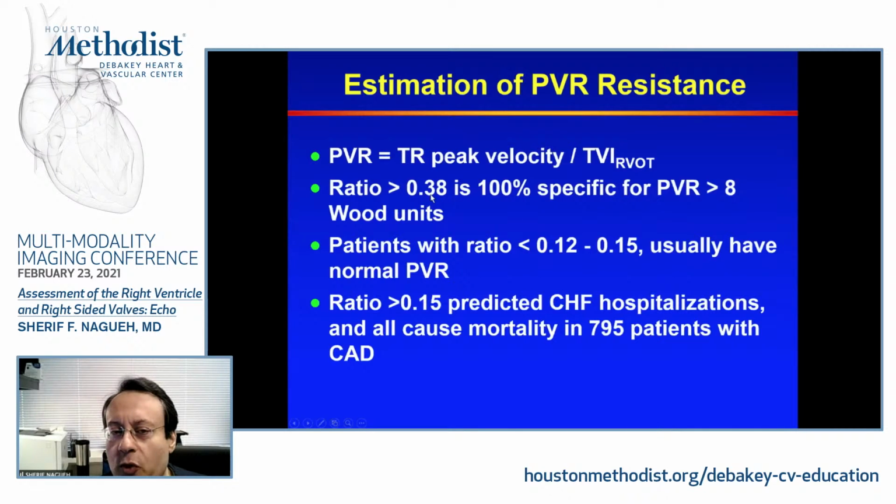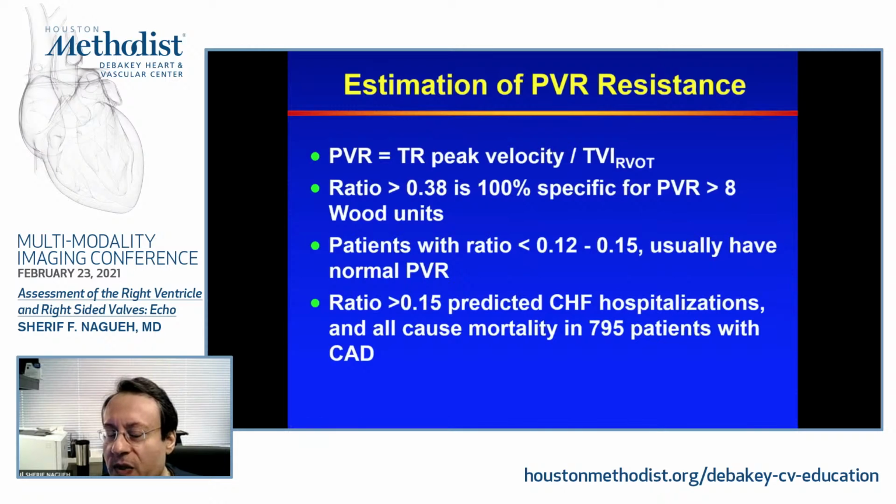This ratio, if more than 0.38, was 100% specific for a markedly increased pulmonary vascular resistance, more than 8 Wood units. When the ratio is less than 0.12 to 0.15, patients usually have a normal pulmonary vascular resistance.